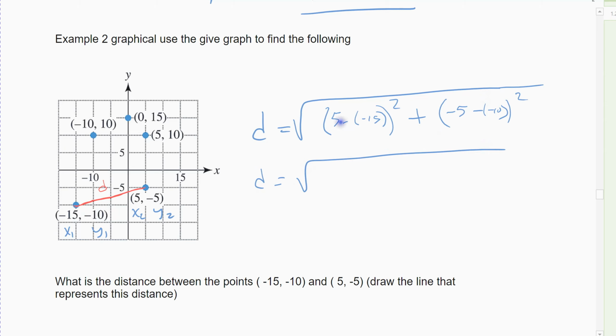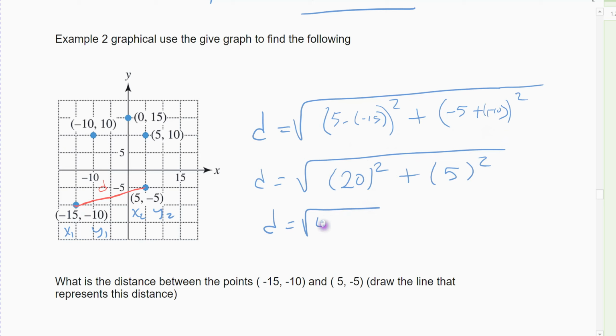So in here, it's going to be -5 minus a negative 15, which is really -5 plus 15, so this is 10 squared. This is going to be 5 minus a negative 10, which really is 5 plus 10, so that's going to come out positive 15. Alright, so it's 10 squared plus 15 squared, all under my square root. Simplify that, and I'm going to leave it exact first and then find the decimal approximate.